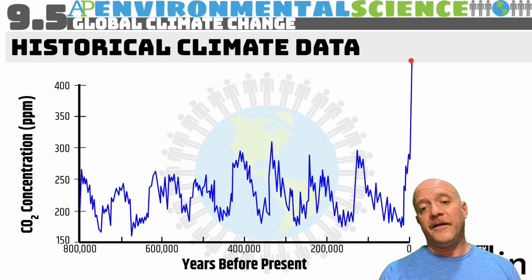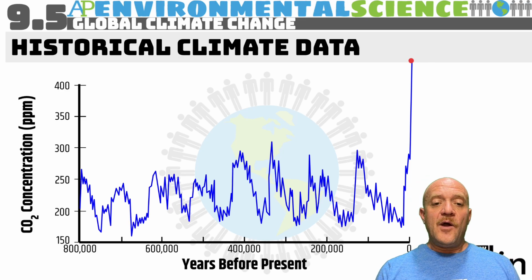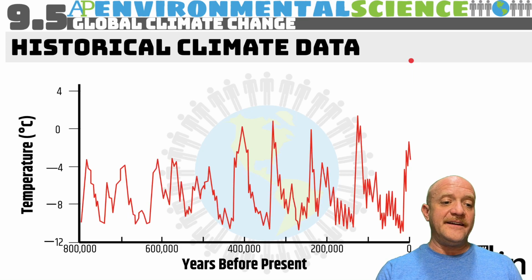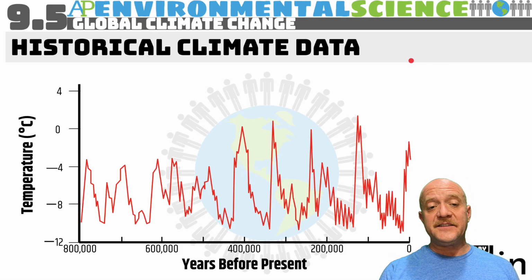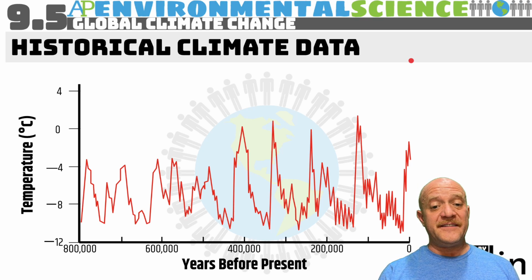Now, some people might argue that this might just be part of the Milankovitch cycles. Well, they've also looked at the temperature data, and this is what they have obtained from the ocean sediments and from the ice cores. So they can make predictions about the temperature.